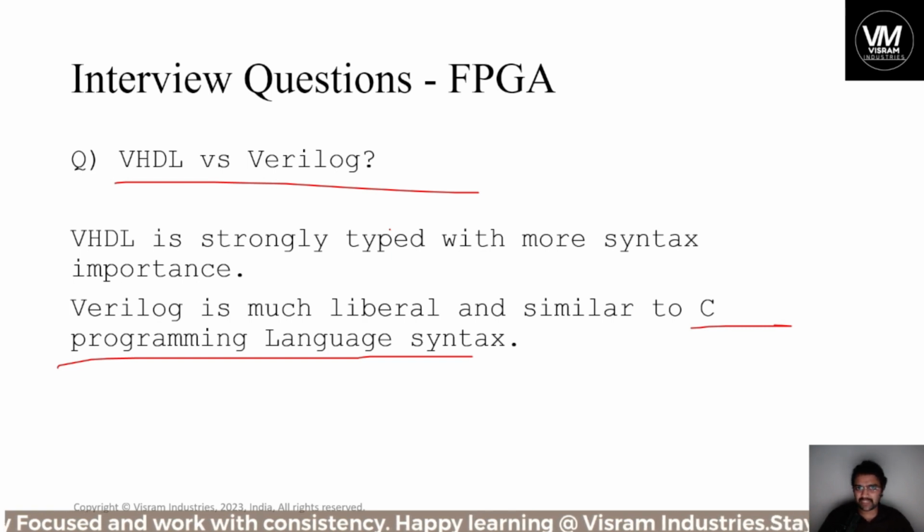Most of the European countries use VHDL, and some of the Western countries use Verilog HDL. So there is a tug of war. Whichever language you learn, it is good to implement it with project-based experience. So it is good to learn Verilog, then VHDL.